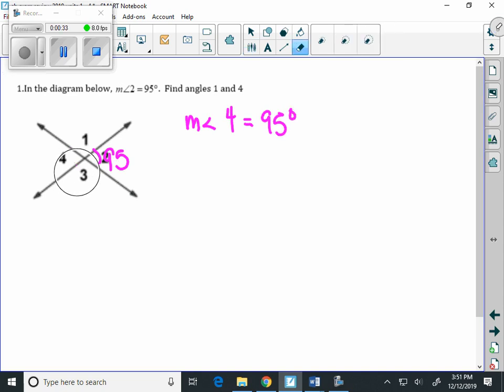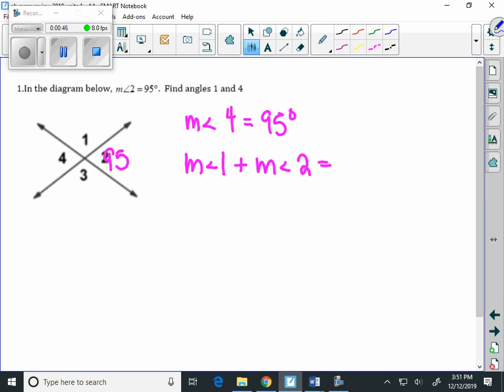But when we look at the measure of angle 1 here, we're going to take the measure of angle 1 and add it to the measure of angle 2. And we're going to end up with 180 degrees. If I draw this in, it looks like a protractor, and a protractor has 180 degrees in it.